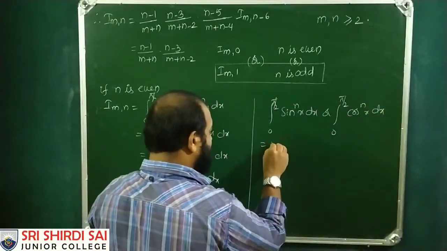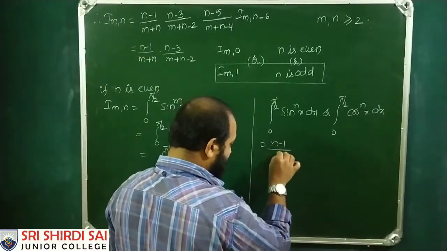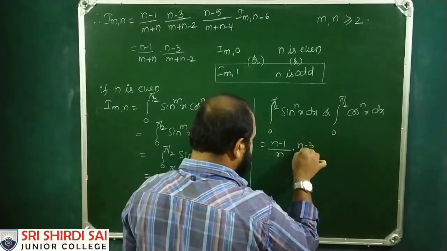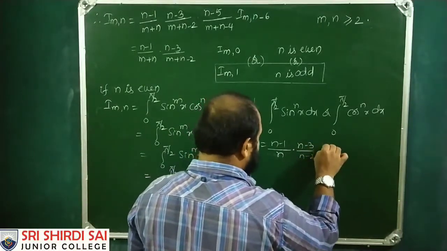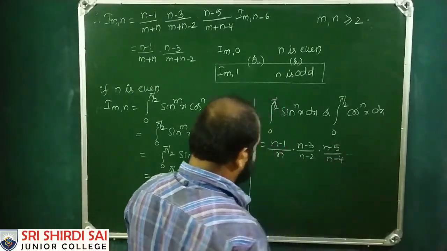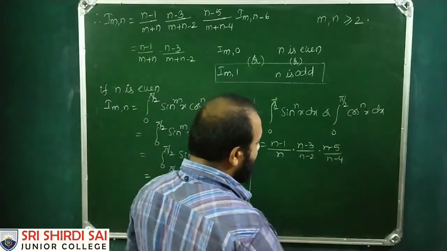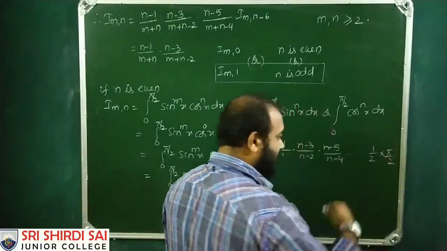Simply this is n minus 1 by n, n minus 3 by n minus 2, n minus 5 by n minus 4, etc. So if n is even, this is what we have discussed earlier.